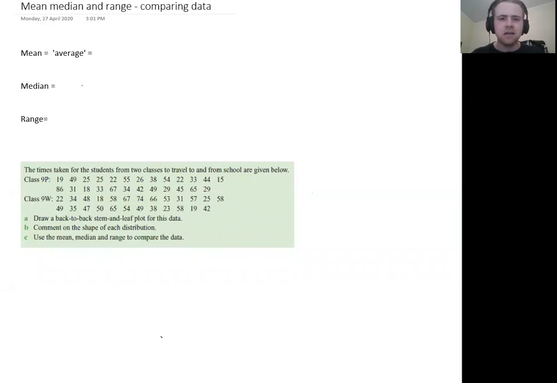The mean is another word for the average, and the way that we calculate that is just by adding up the total value of the data points and dividing it by the number of data points.